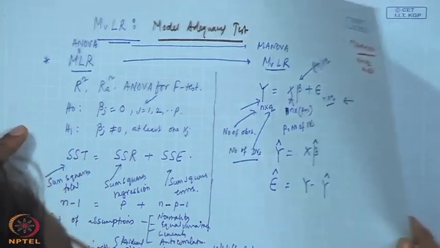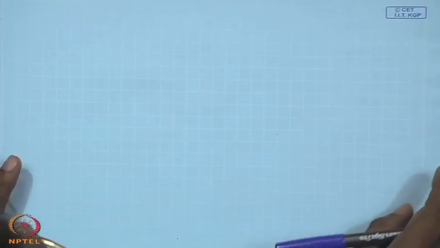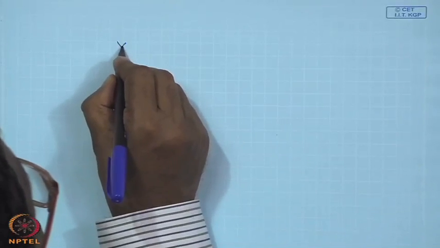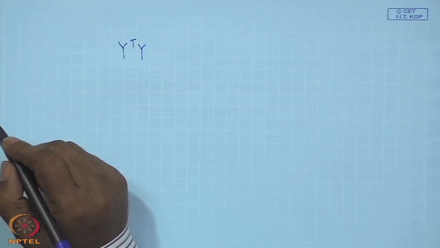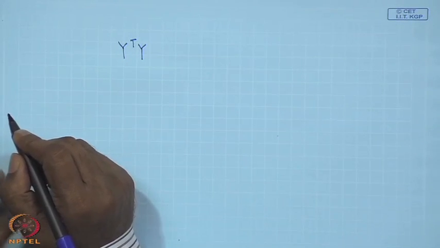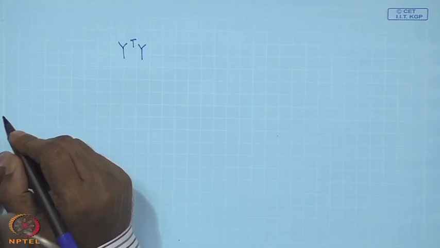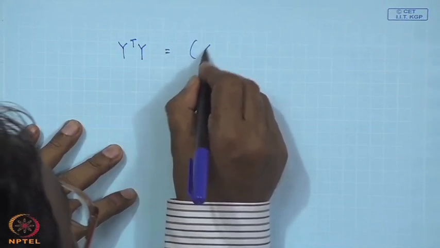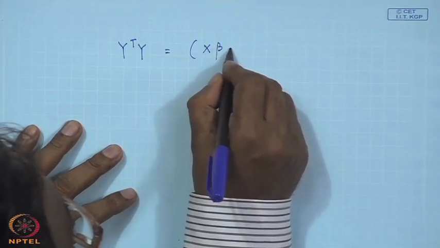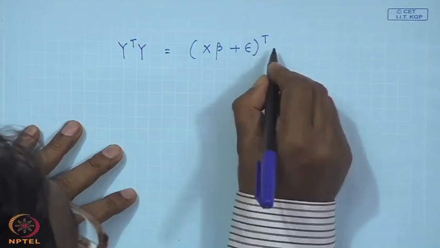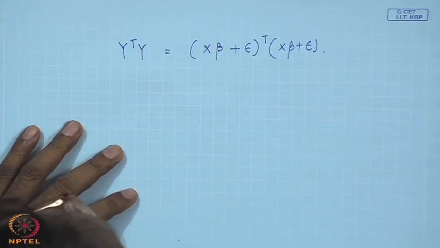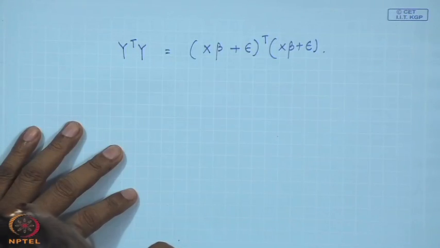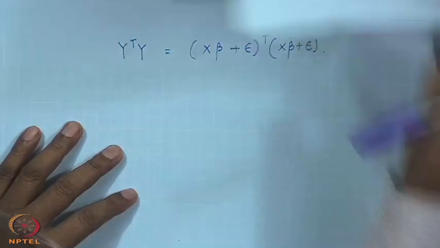Suppose I want to know Y transpose Y. What will this be? This will be X beta plus epsilon, transpose, into X beta plus epsilon, because we are writing the same equation.